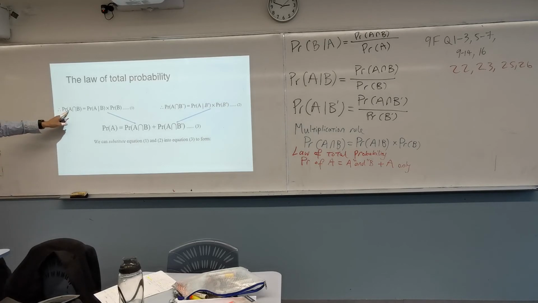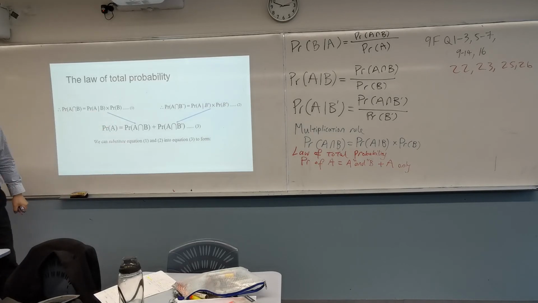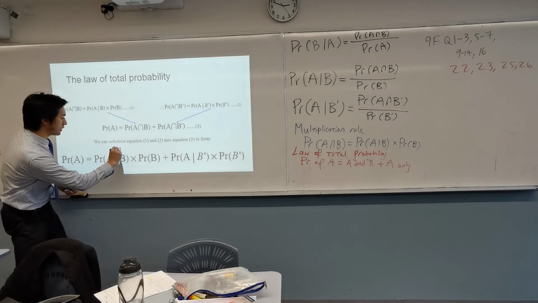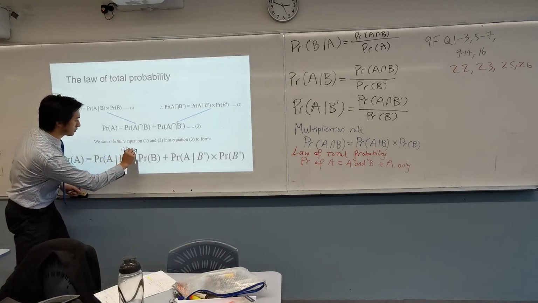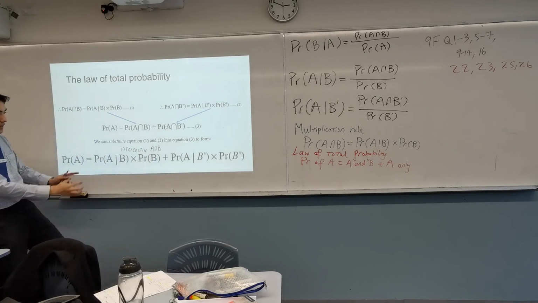Okay, now we sub in the multiplication rule into this fact, and you get the law of total probability. Okay, it looks complicated, but the fact is, this is the intersection, which is really A and B. Okay, that's the first part.